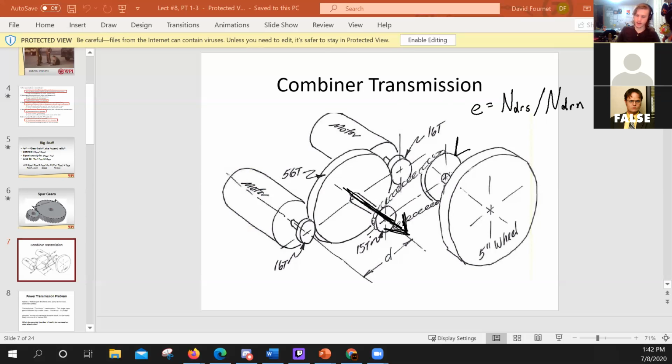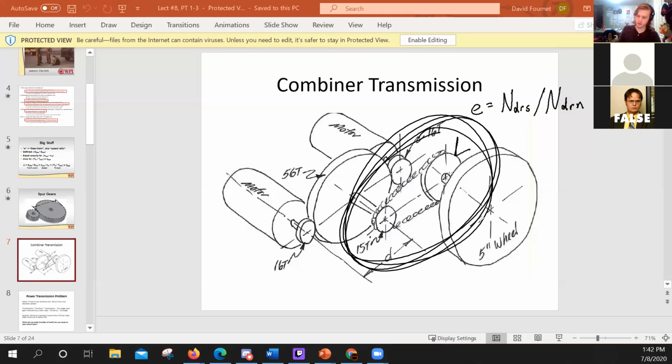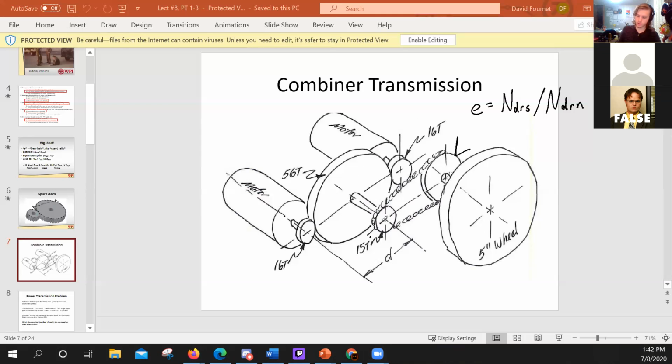If we were looking further down the system, let's say we were looking at this sprocket and chain setup over here. Which one of these two sprockets would be the driver?